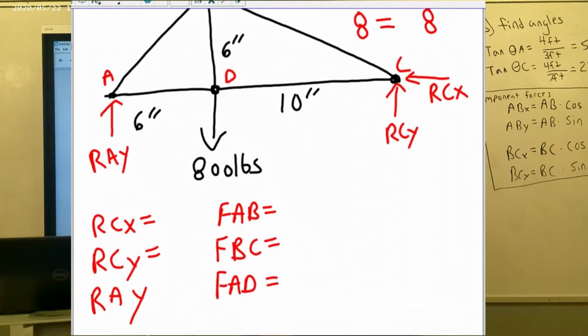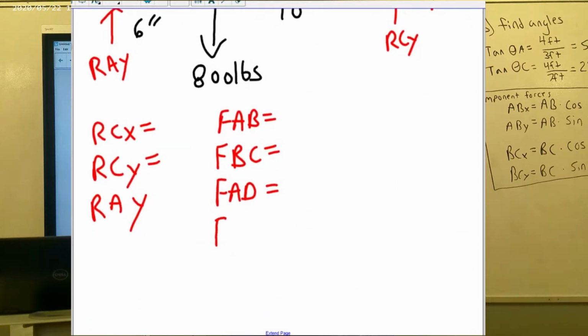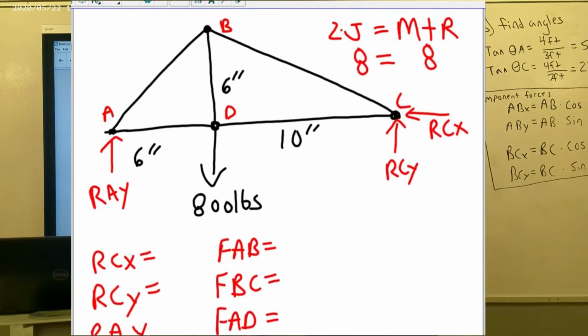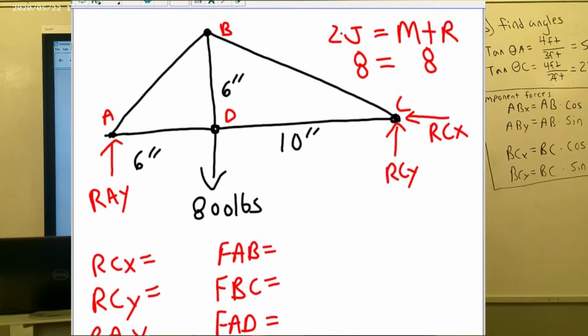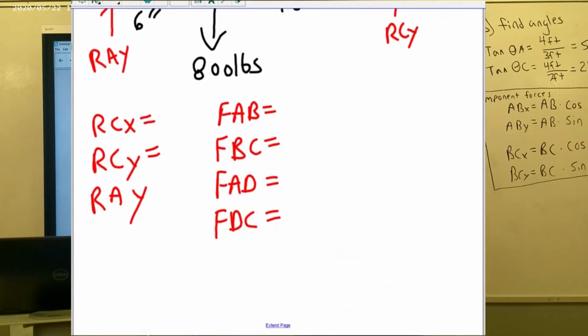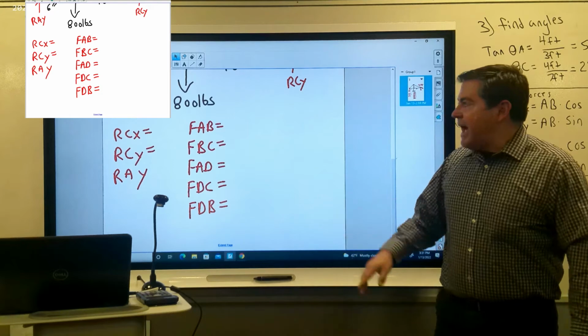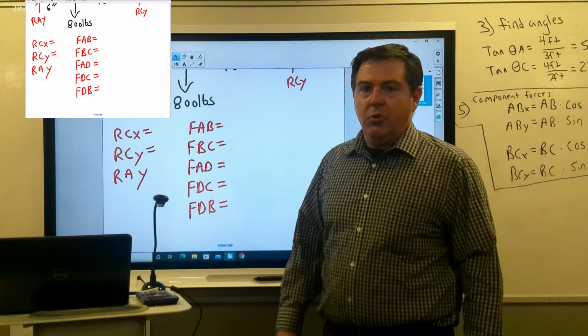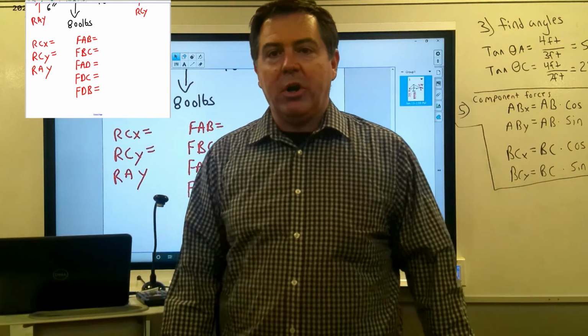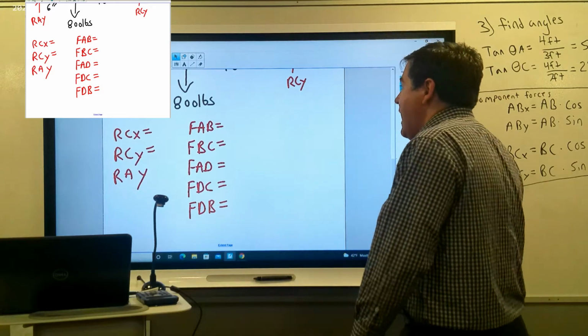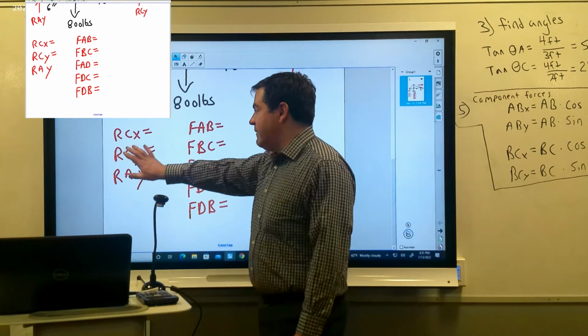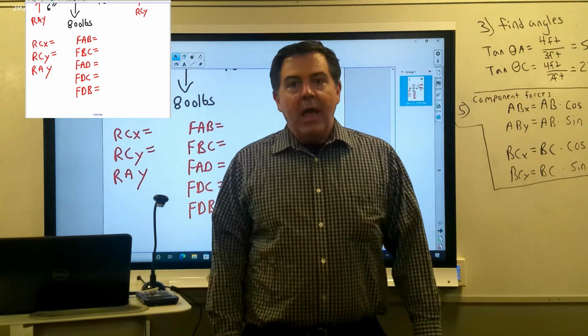We're going to be solving for the amount of force on DC. FDC equals. And the amount of force on member DB. FDB equals. So this is now going to allow us to have a plan as we work through this problem. And the first step is solving for our reaction forces.